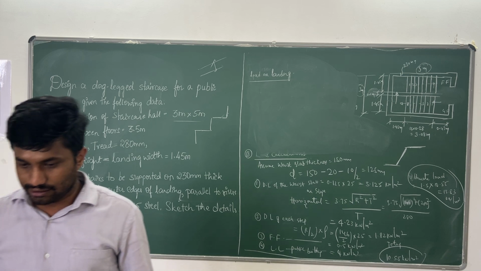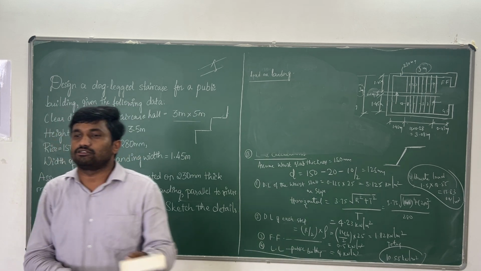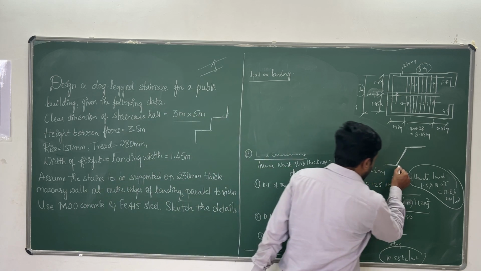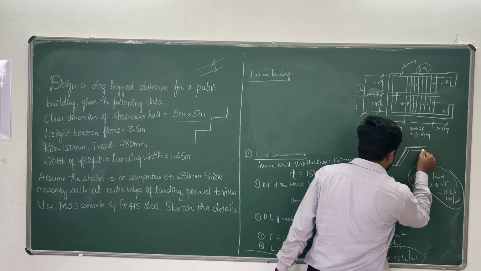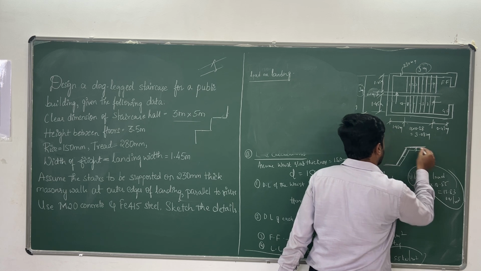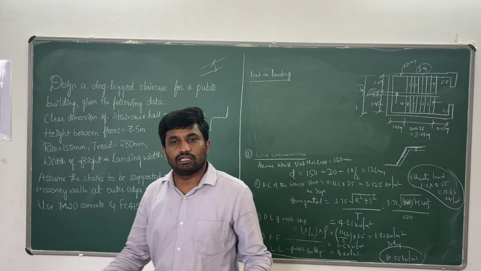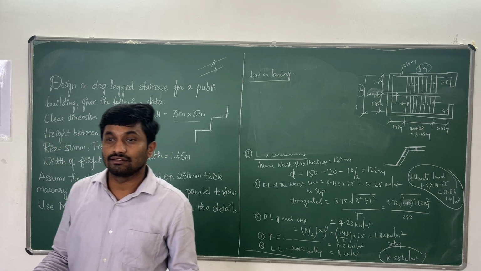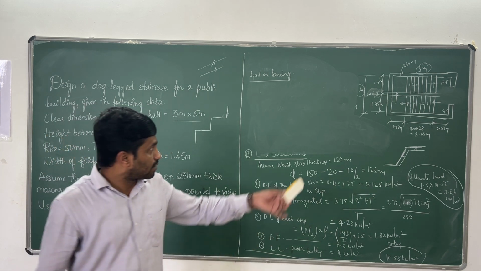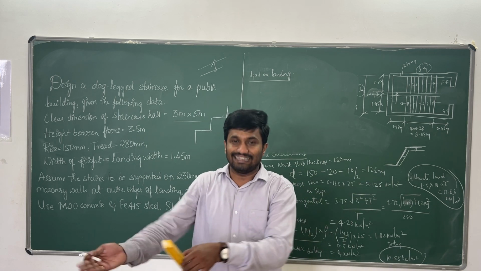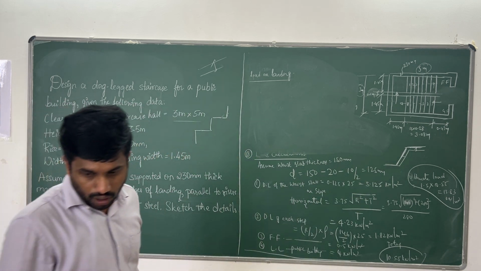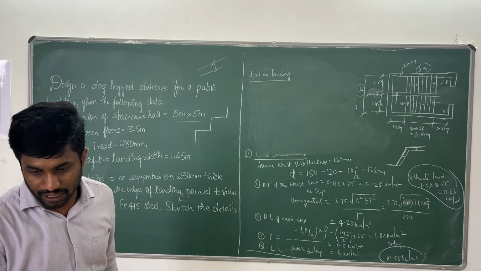First, you provide the thickness of landing, which is equivalent to the thickness of the base slab. When you provide a base slab thickness of 150, the landing will also be 150. If 120, then you provide 120. In this case, we have provided a base slab thickness of 150, so assume the landing slab thickness is also 150 mm.